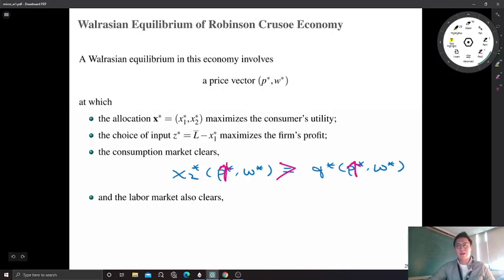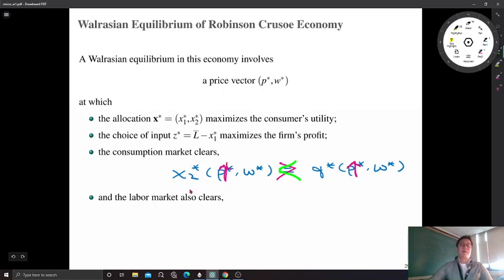If the inequality was reversed, then there will be excess supply. In such a case, the price will decrease. So at the equilibrium, price must adjust to the extent that demand and supply are equal to each other.